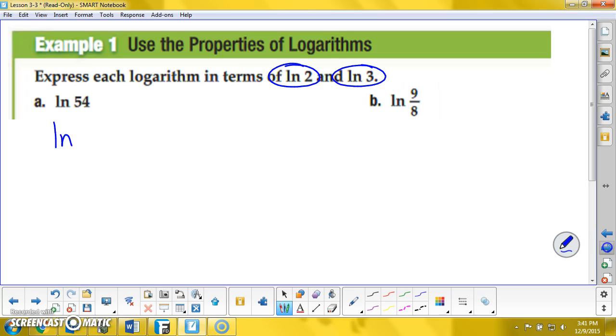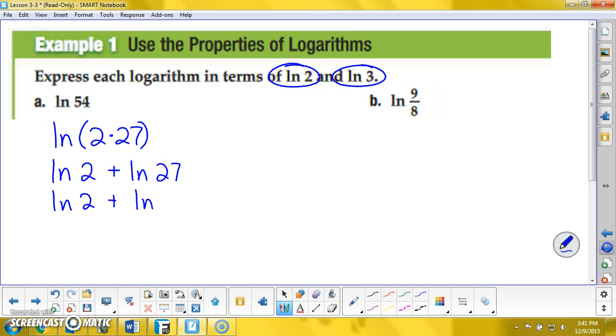So basically we just have to rework this expression into natural logs of 2 and natural logs of 3. I'm going to begin by rewriting the natural log of 54 as the natural log of 2 times 27 because 2 times 27 does give us 54. That allows me to rewrite this using my first property, the natural log of 2 plus the natural log of 27. Now I've got to change that natural log of 27, so I'm going to rewrite that as the natural log of 3 to the third. 3 to the third is the same thing as 27.